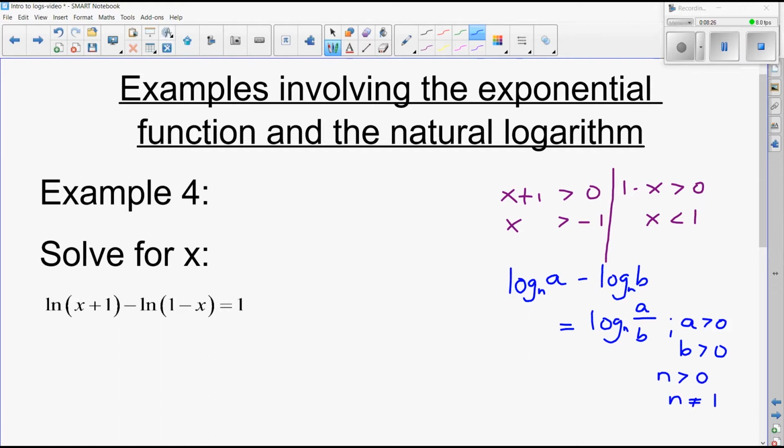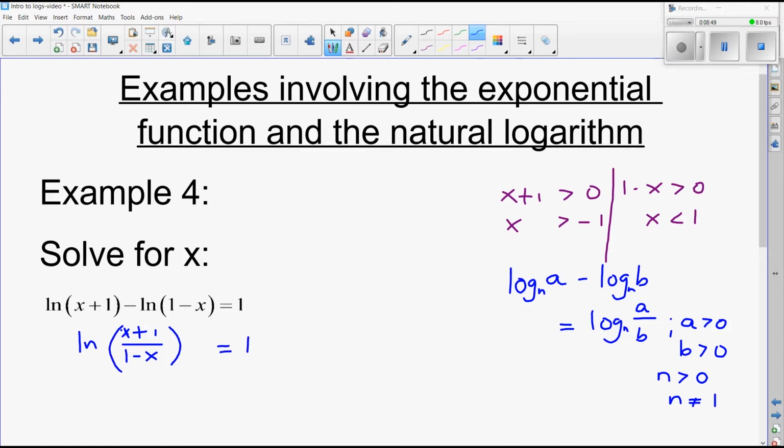Now, applying that law, I can write ln of x plus 1 minus ln of 1 minus x as ln of x plus 1 over 1 minus x. So the ln of this whole expression equals 1.